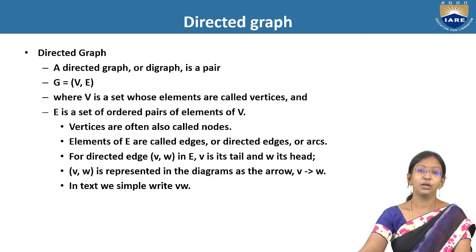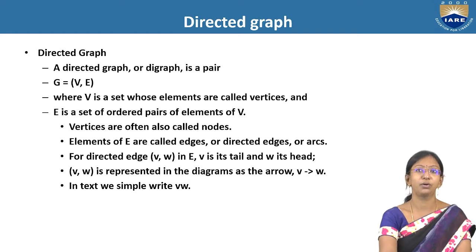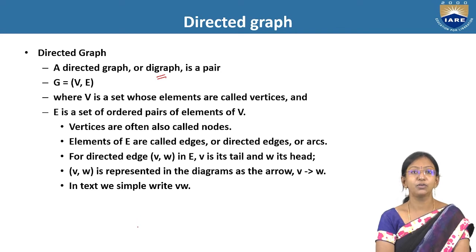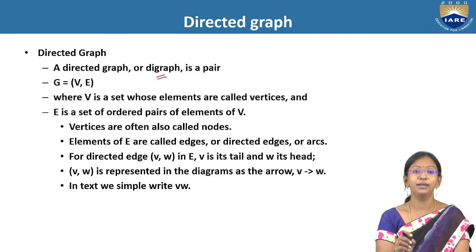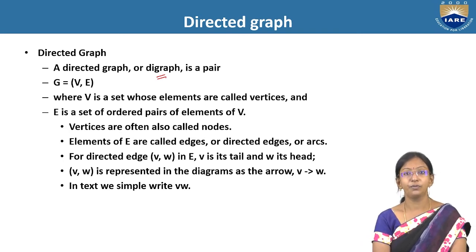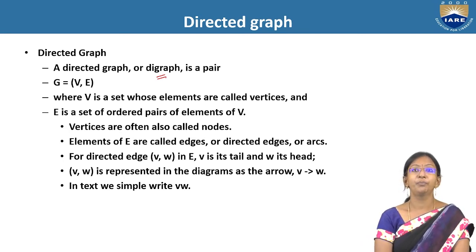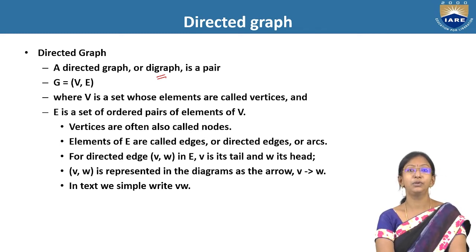Right. So coming in depth to directed graphs. A directed graph is also known as a digraph, where V is the set of elements or vertices in it, and E is the set of ordered pairs of vertices, meaning edges. Vertices are often known as nodes, and in a directed graph, if there is an edge VW, then V is its tail and W is its head.